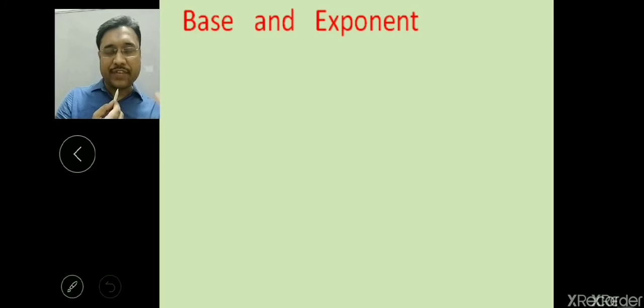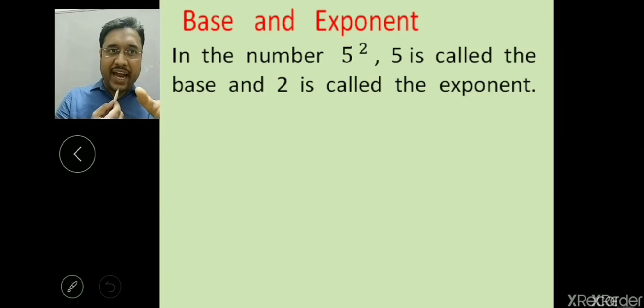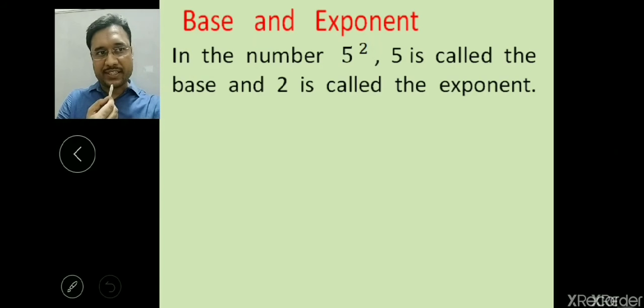Here you can see, first we have to understand the base and exponent concept. In the number 5 squared, I have given one example here, 5 is called the base and 2 is called the exponent, because 5 is written downside, so that is the base and 2 is the exponent.